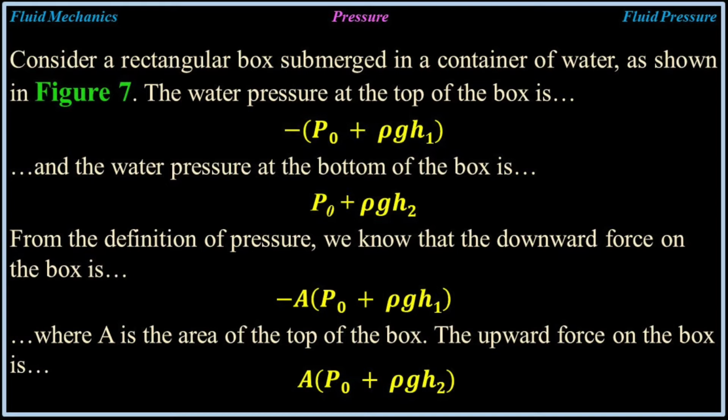From the definition of pressure, we know that the downward force on the box is negative A times the sum P naught plus rho g h1, where A is the area of the top of the box. The upward force on the box is A times the sum P naught plus rho g h2.